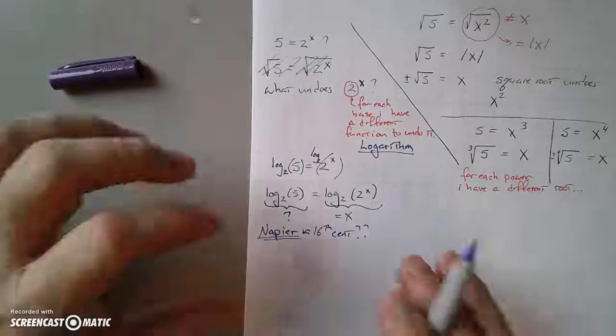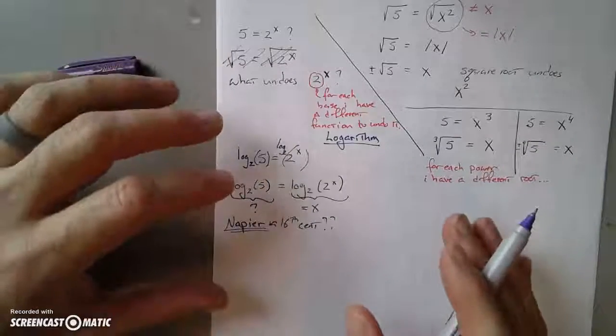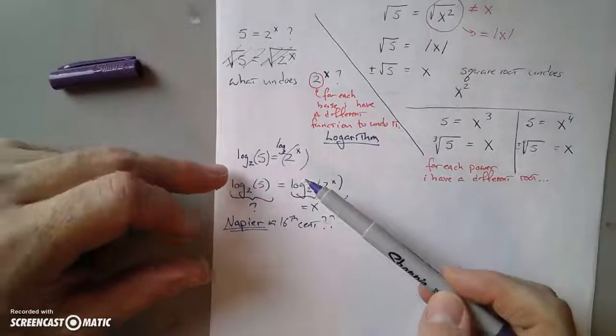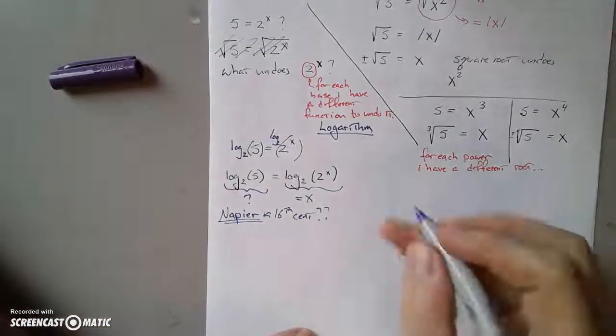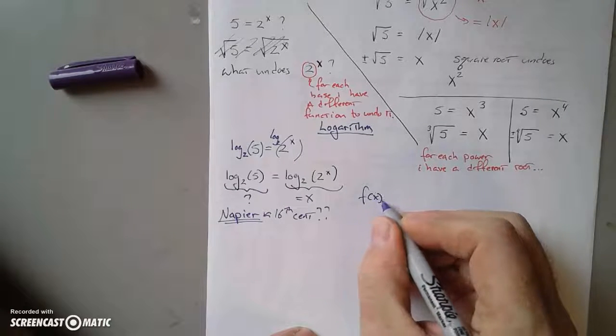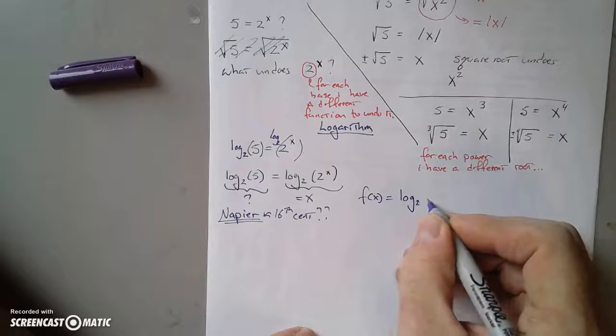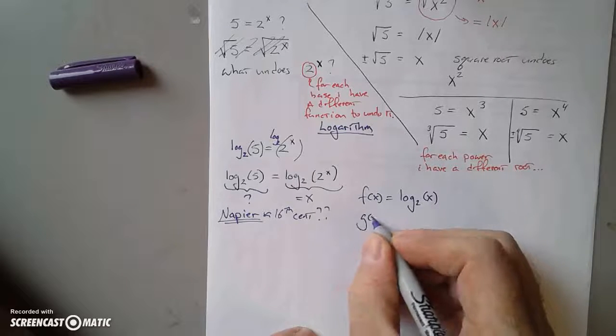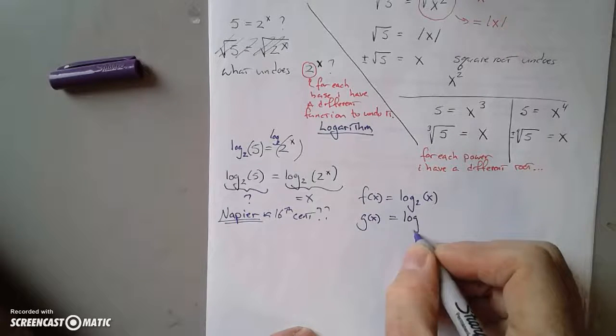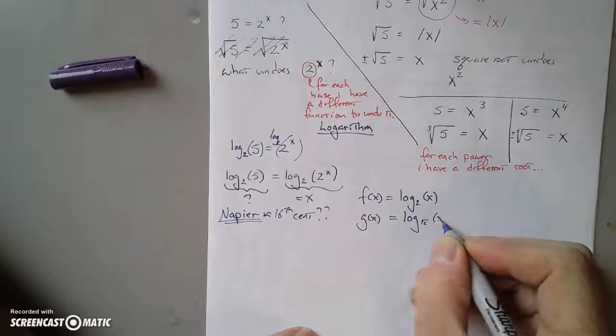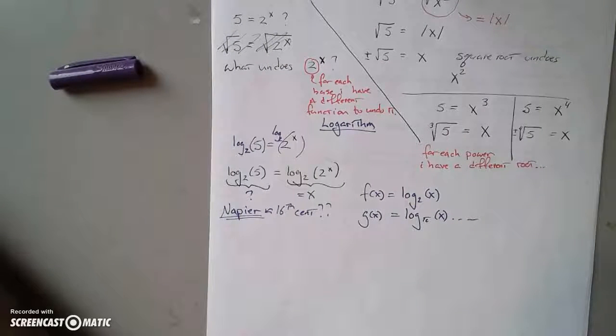So this is where you're going to see them, in the sense that you're using them to solve equations. And they're a function all by themselves. You can have f of x is log base 2 of x, or you could have another function, log base pi if you wanted to, of x, and so on.